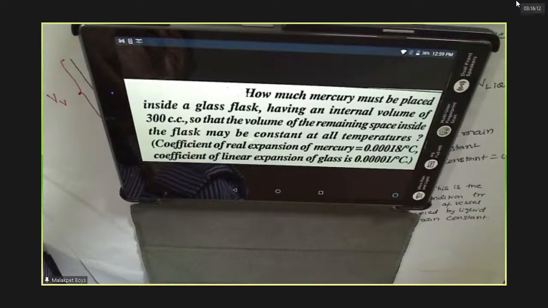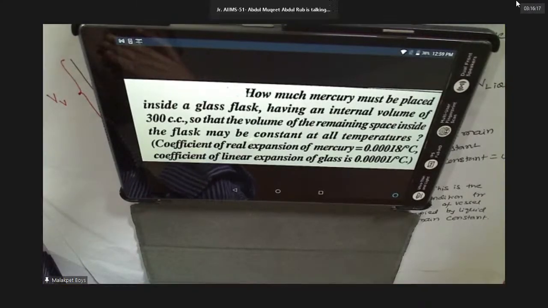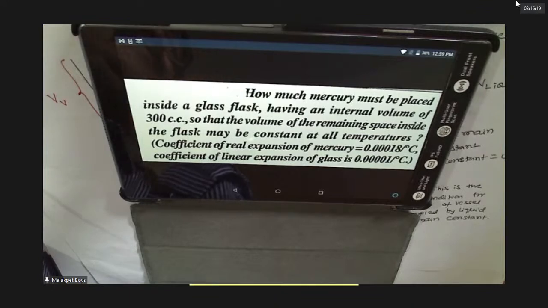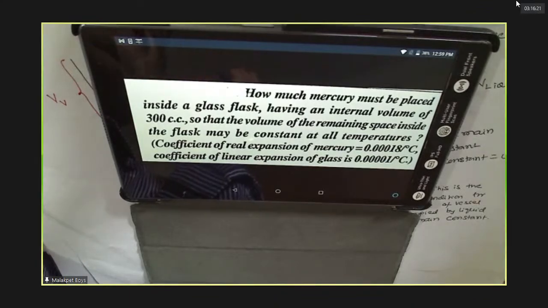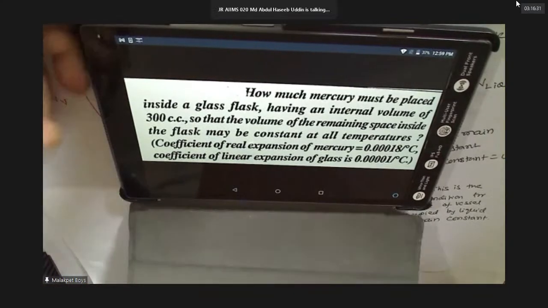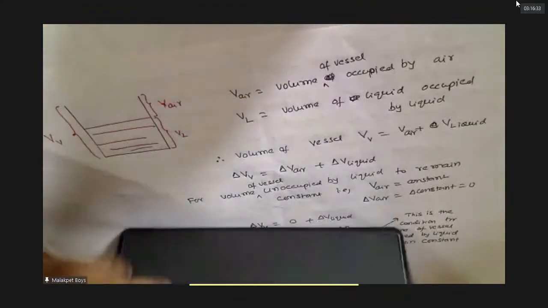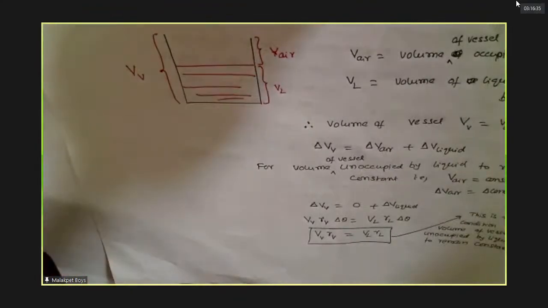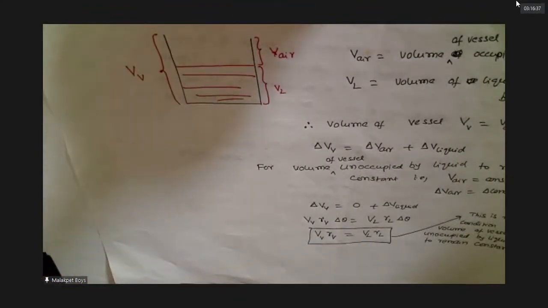The volume of the remaining space should be constant. That means gamma of vessel into volume of vessel equals gamma of liquid into volume of liquid. He is asking for the volume of liquid only. Straight, use this equation.